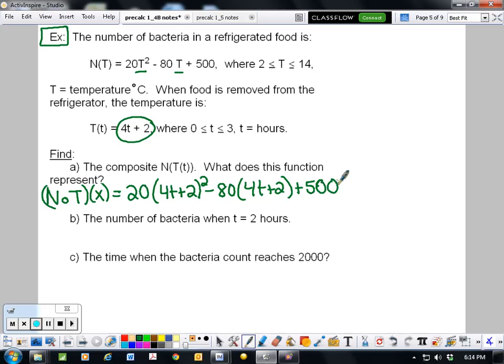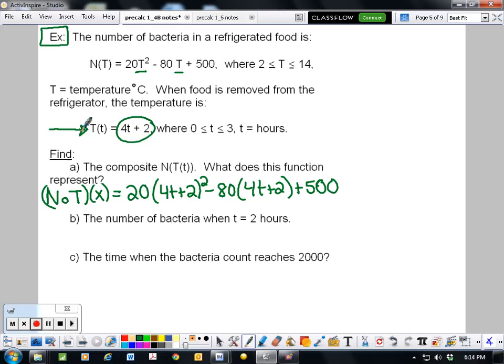Now we could go ahead and break this down and simplify it. We've been working on that enough though, and so I really want to spend time talking about what this represents. So in this function here, we're trying to figure out what the temperature of the food is after it comes out of the refrigerator. And so t is the number of hours that we spend out of the refrigerator.